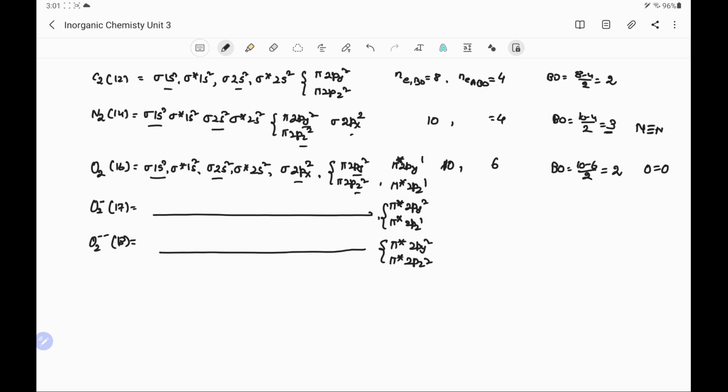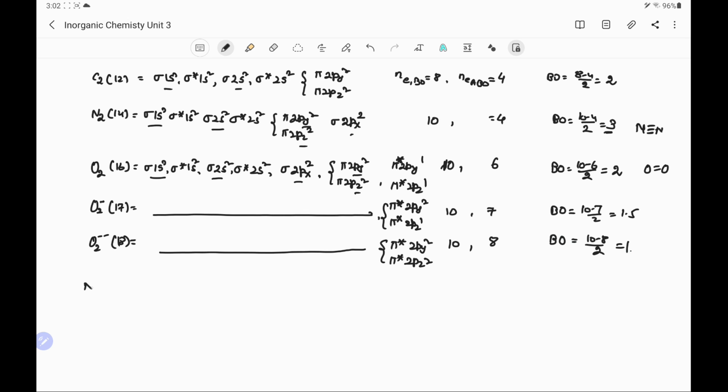If we check here, the number of electrons in the bonding orbitals is still 10, but here one more electron comes into the anti-bonding orbital, so it has 7 electrons, while the O2 2 minus will have 8 electrons. Therefore, bond order will be (10 minus 7) by 2, that is equal to 1.5, and in O2 2 minus its bond order is (10 minus 8) by 2, that is equal to 1.